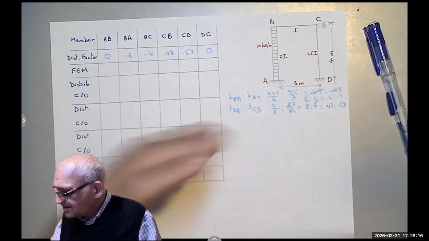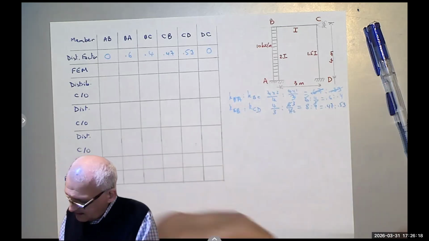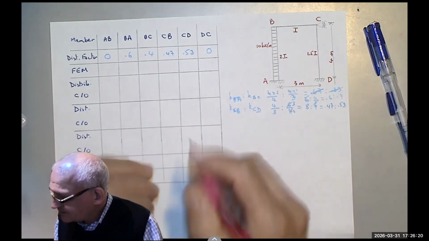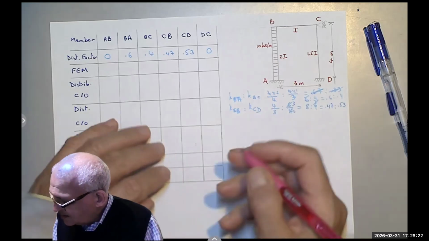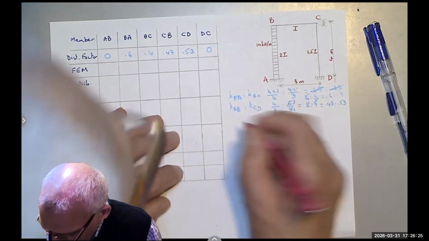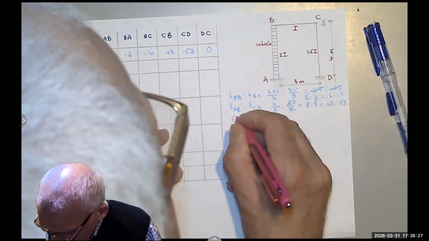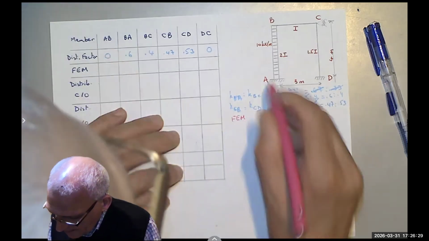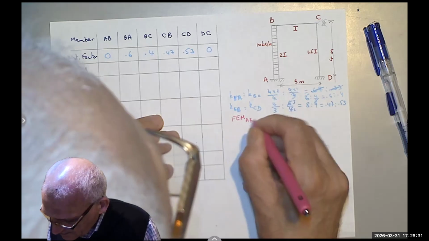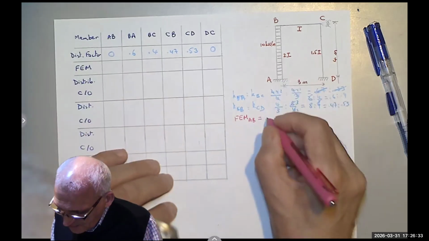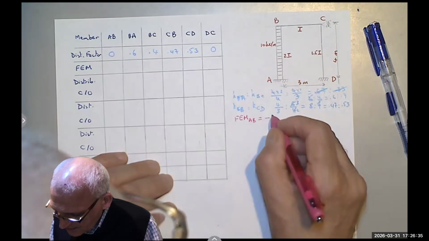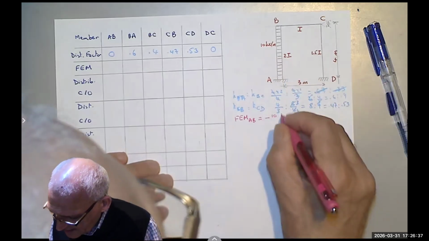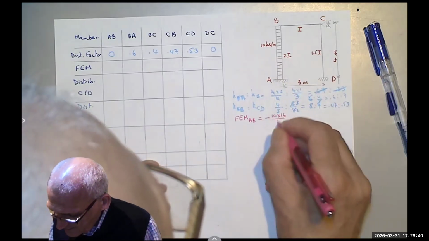Then we calculate the moments, right? So I'm going to say fixed end moment of AB would be negative W L squared over 12.